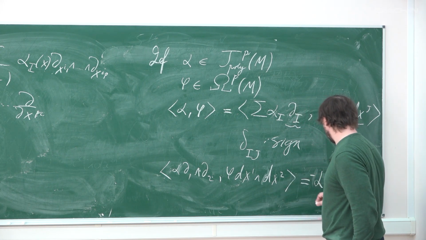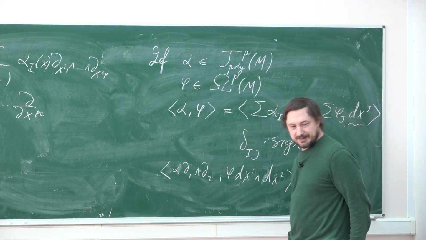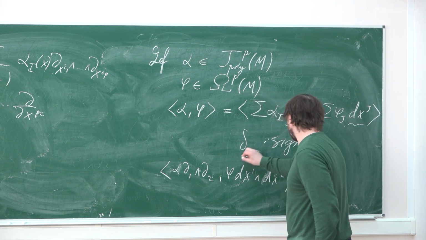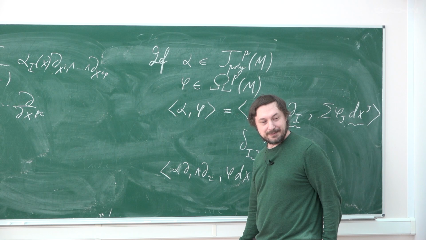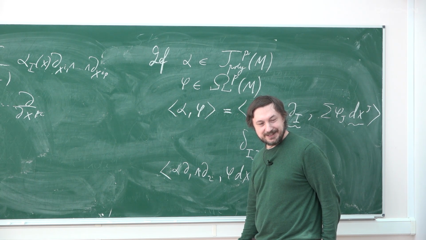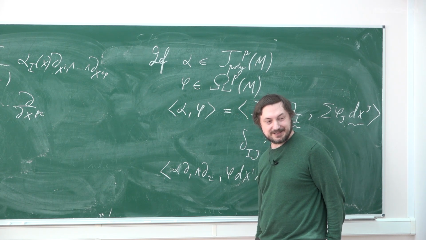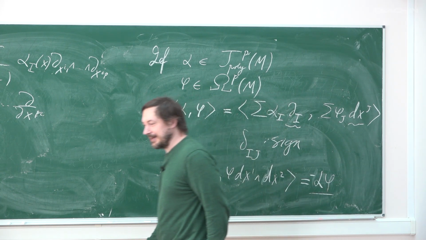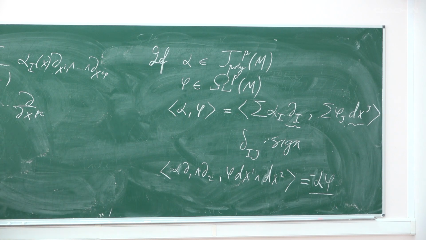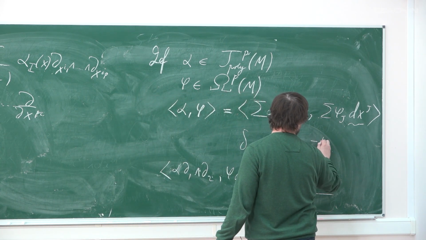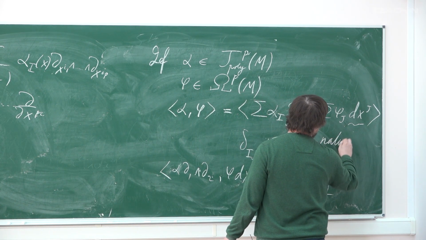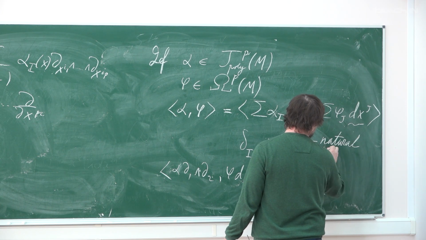So it's just minus alpha phi, right? So actually, the sign is necessary, but it is easier to explain in an example how the sign appears than to give it a precise definition in terms of the number of permutations and so on. It's really a nightmare, these signs. In any case, we have a natural pairing.